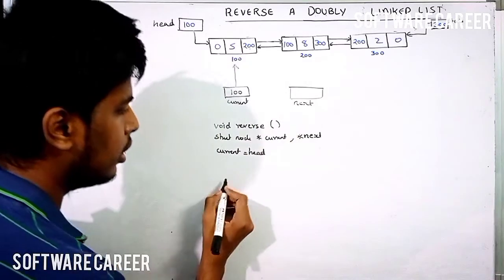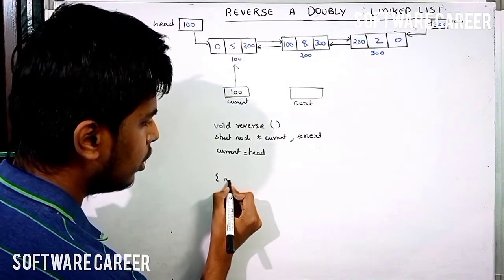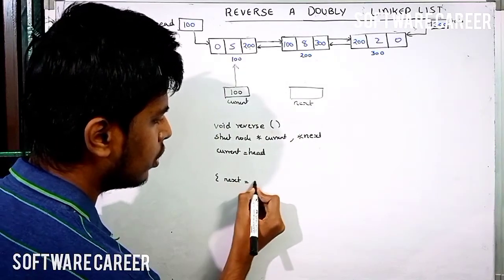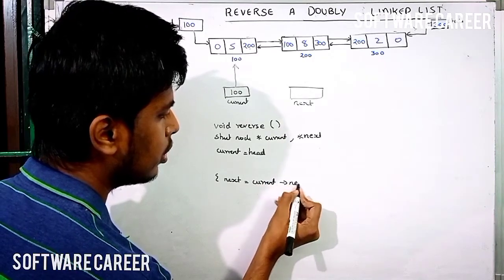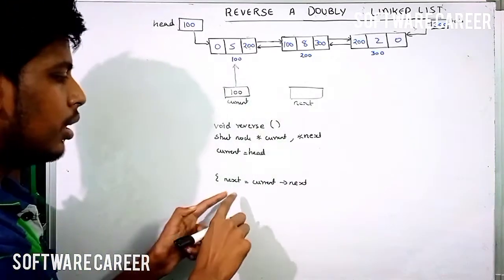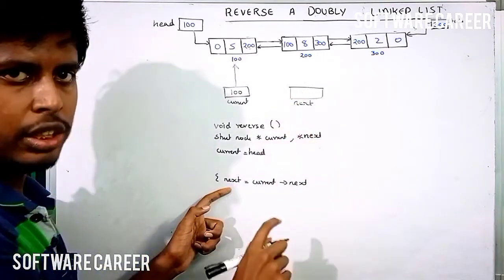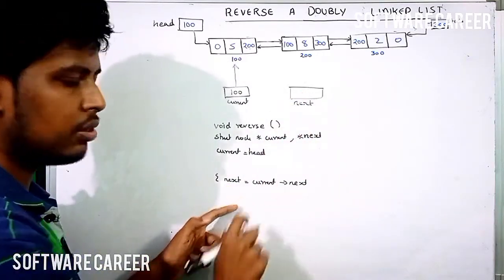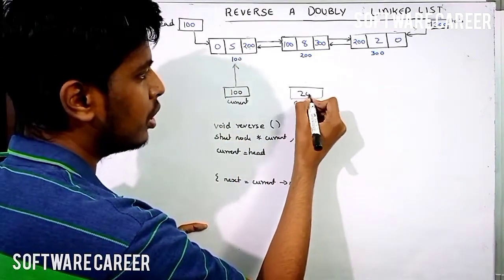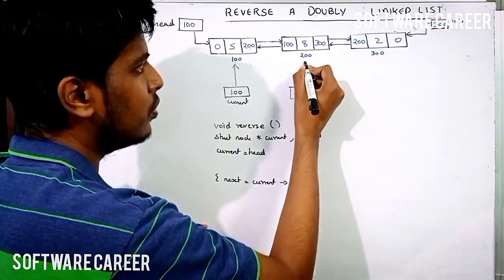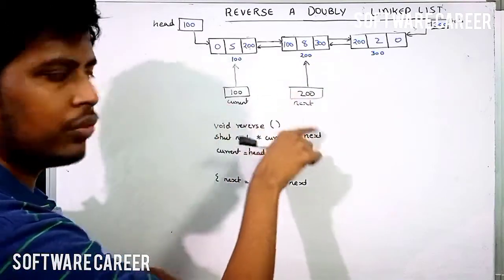So I am writing here, see here, next equals to current next. Now see, next is what? Next is this pointer. In this pointer I am storing current next value. Current is 100. 100 next is 200. So 200 I am storing here. So this pointer points towards the second node, that is the next node of current.